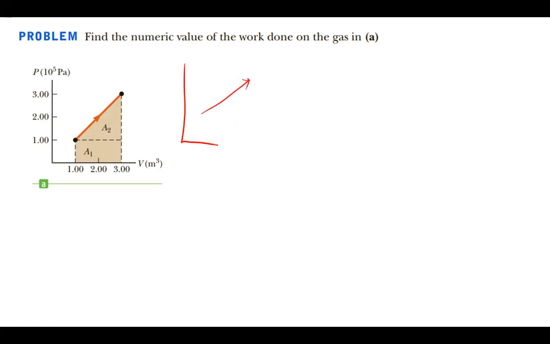So you can find a question like this. Then you have 1 there, then you have 3 there. You can find a question like this in an exam, and they ask you to calculate the work done in the whole process. So the work done in the whole process is simply the area under the curve.